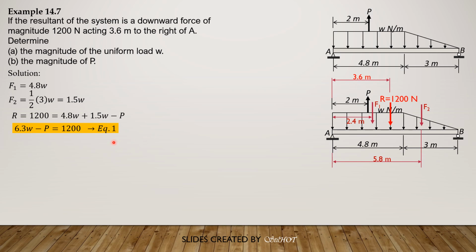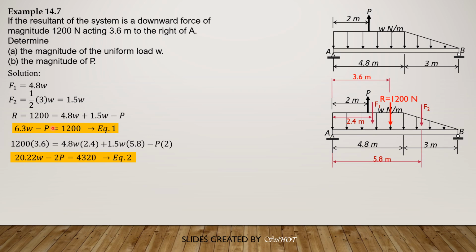Then for the second situation, because R and its position is located, we consider the moment of the resultant, in this case clockwise, as the sum of the moments of its components, and we consider clockwise positive. So 1,200 times 3.6 equals 4.8 W times 2.4 plus 1.5 W times 5.8 and minus P times 2. So simplifying this equation, we have 20.22 W minus 2P equals 4,320.